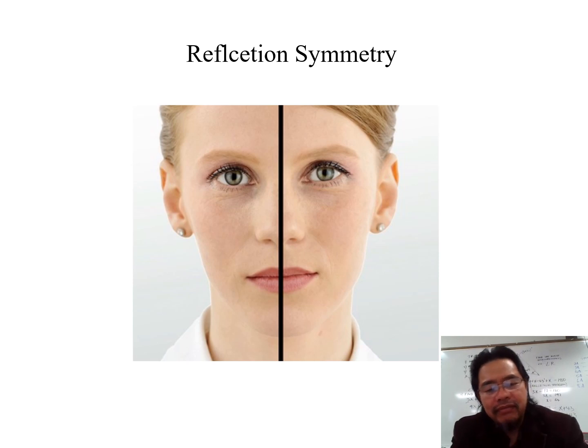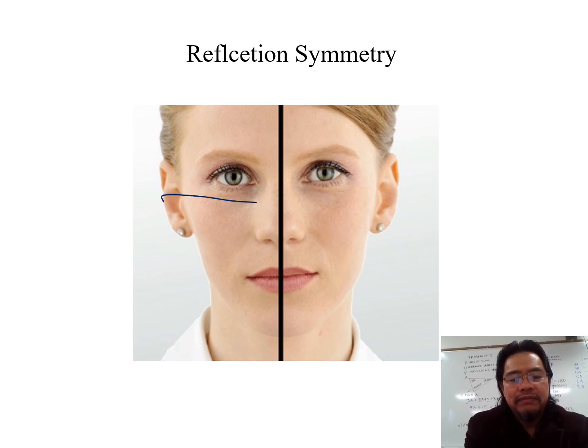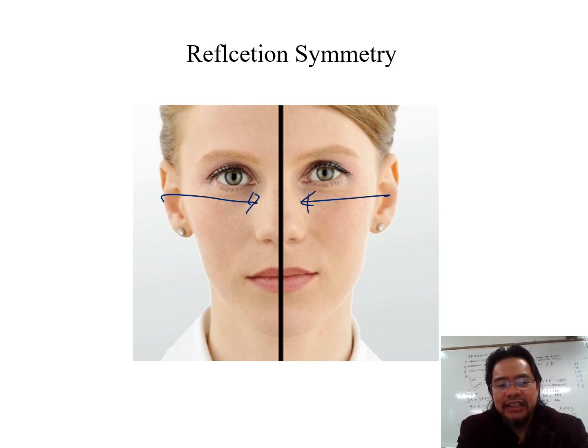For example, let's start with symmetry. If you look at yourself in the mirror, you will find out that the left part of your face is similar to the right part of your face. Actually, their sizes are the same. So the distance from your ear to the center of reflection, just like a line at the middle, is the same distance from the other ear, right?